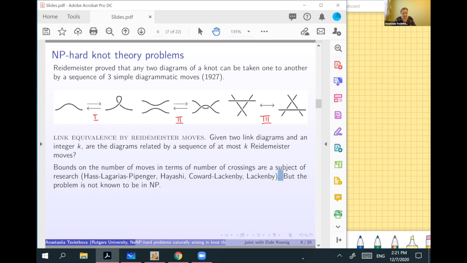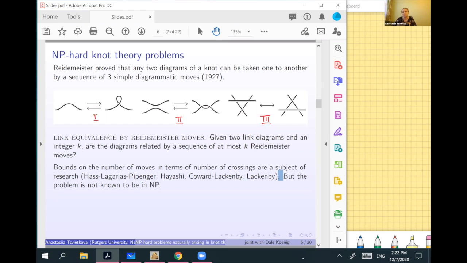First of all, of course, if it's a decision problem, we give k, but as a mathematical problem, this k has been a subject of significant research. There has been a lot of work done on upper bounds for the number of Reidemeister moves needed. For example, the first work was by Hass, Lagarias, and Pippenger.